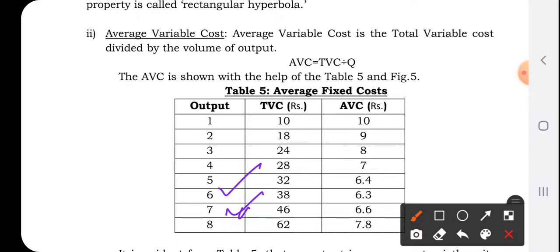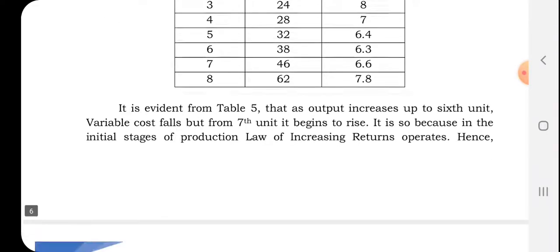From the first unit it was 10, 9, 8, 7, and till the 6th unit it was declining to 6.3. Then it started increasing. This happens because of the application of the law of variable proportion, which we have seen already in the production chapter.